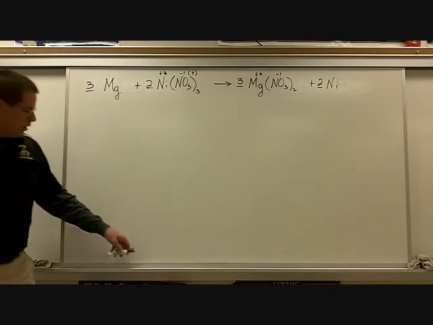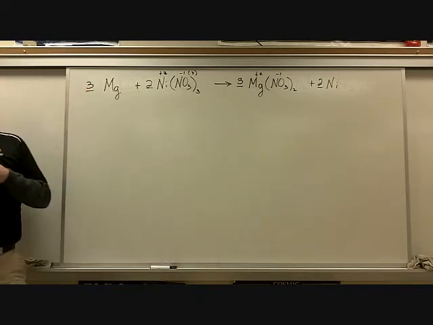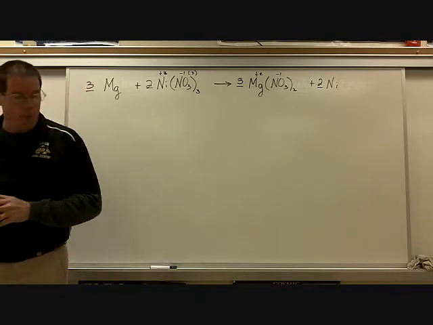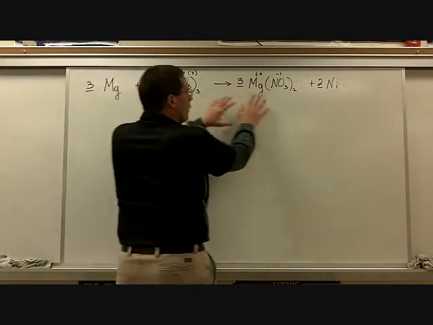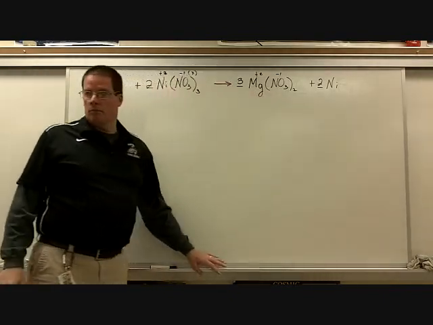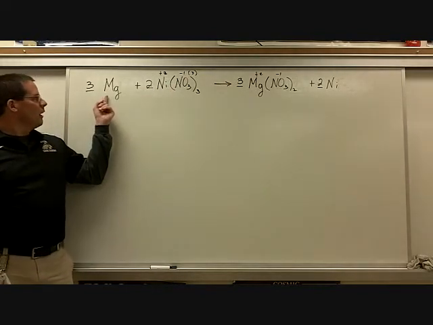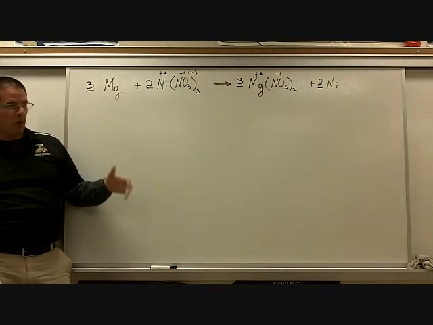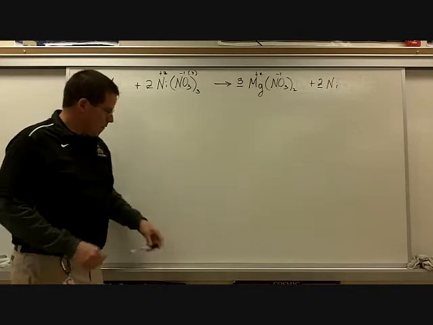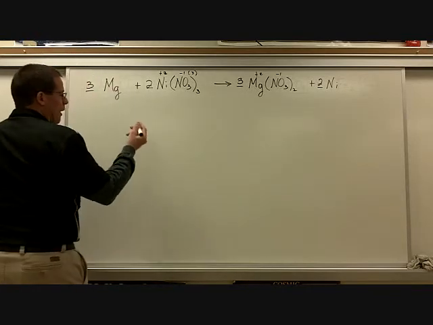You're writing out the chemical formulas and then balancing them. But before you start balancing the number of atoms, make sure your formulas are written correctly. And don't forget if it's diatomic when it's by itself. Again, hydrogen, nitrogen, oxygen, fluorine, chlorine, bromine, and iodine. And don't forget about your polys.